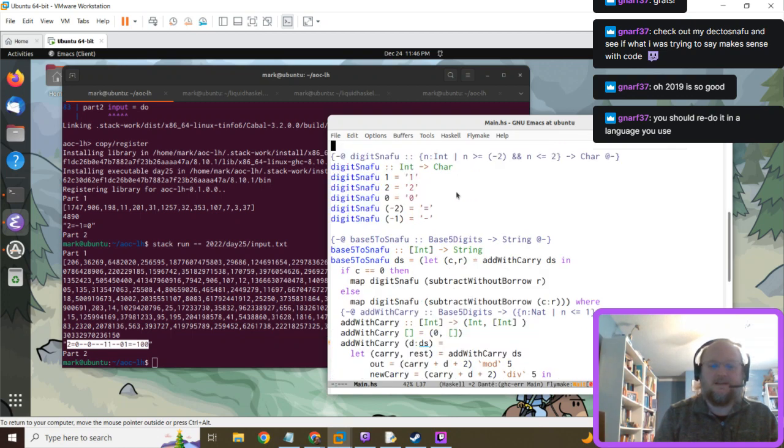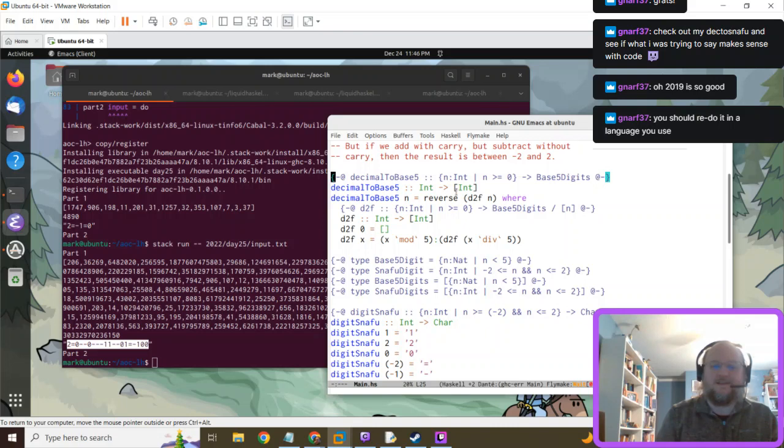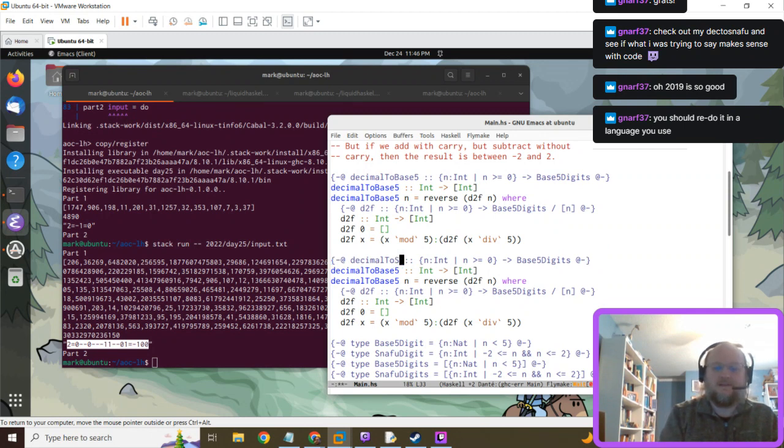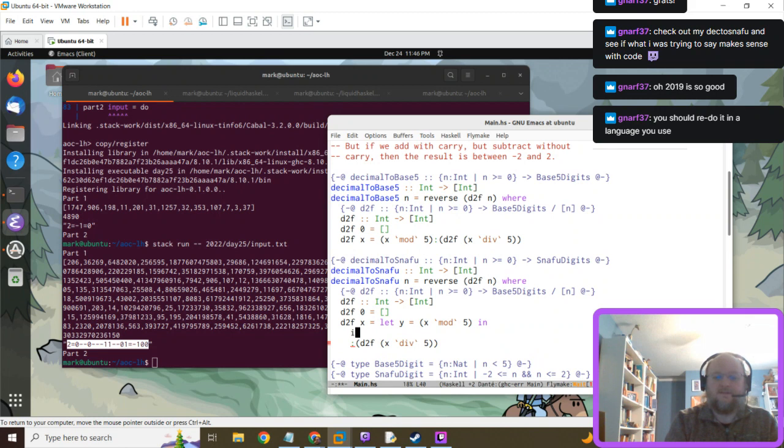Okay. Yeah, so let's try this out. All right, so if y is greater than or equal to 0, if y is less than or equal to 2, then we can just use that digit.